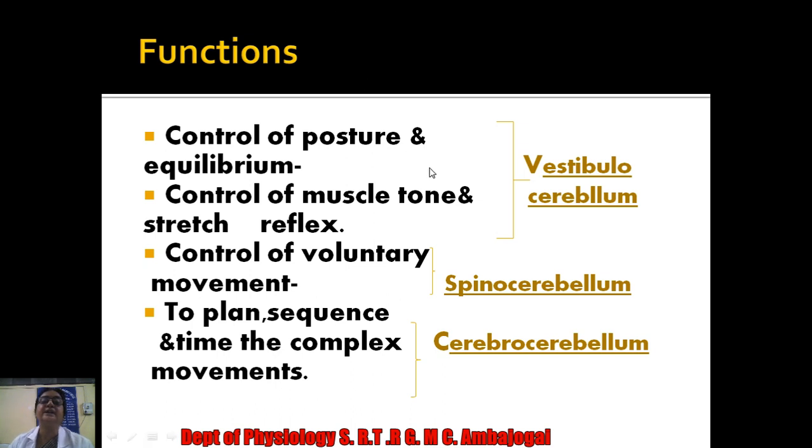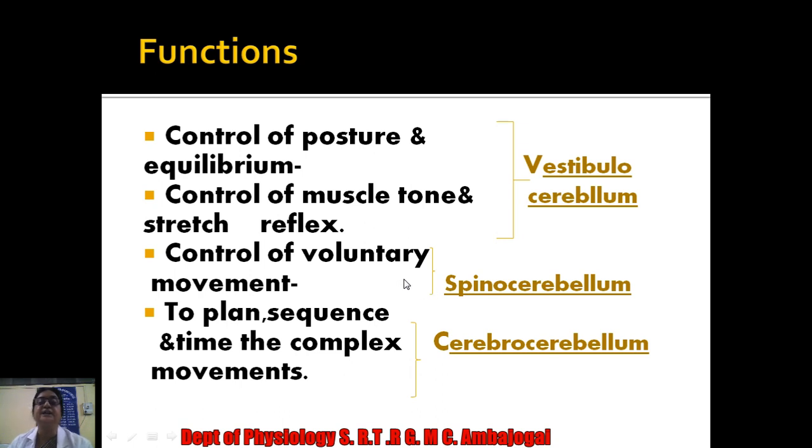This function is mainly carried out by the vestibulocerebellum, that is the flocculonodular lobe and the adjacent portion of the vermis. Then the second important function of the cerebellum is control of voluntary movement.